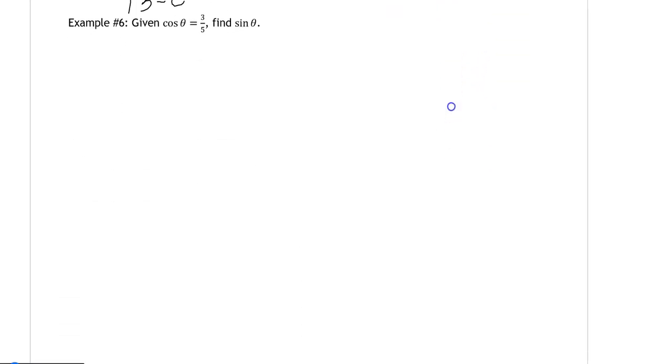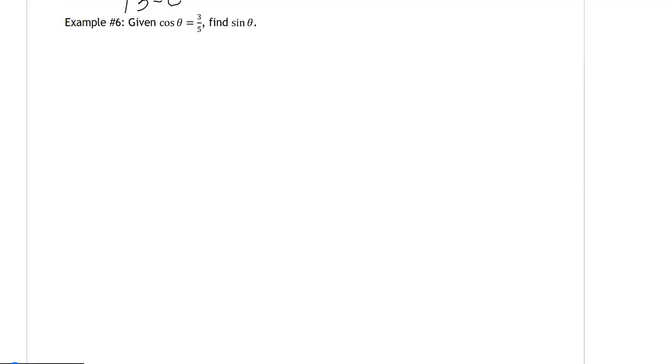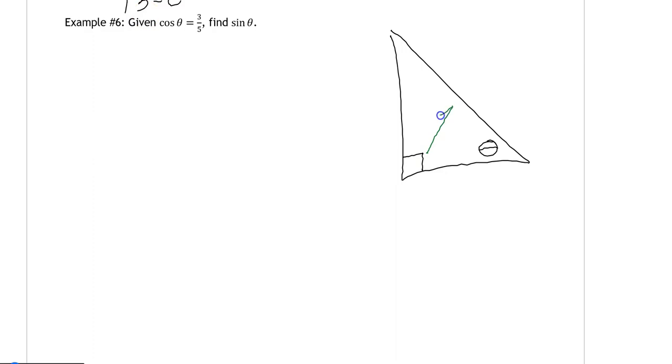Given cosine of theta equals 3/5, find sine of theta. Again, triangle. I'm going to put in my right angle, and then I'm going to put my angle in one of the corners, right, in one of the acute angles. So I can label my sides.